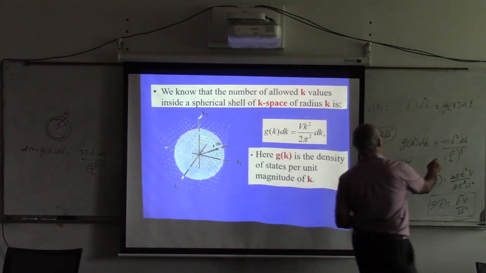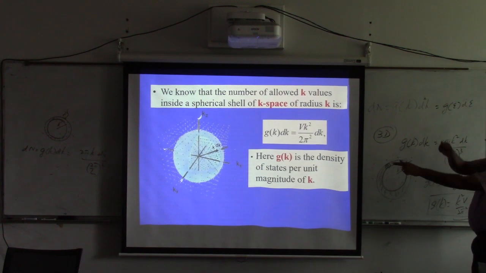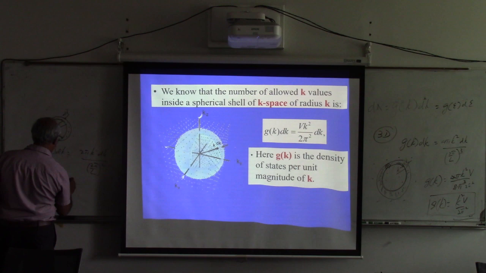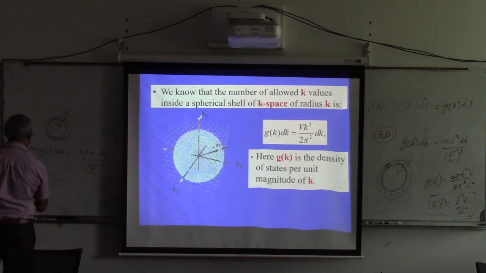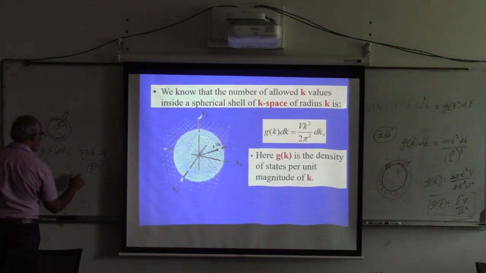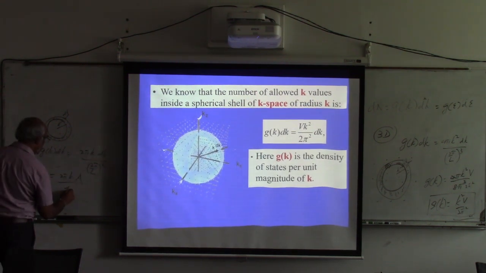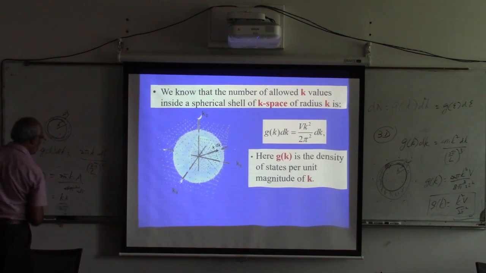So it's exactly like the three-dimensional case. There I had (2 pi over L) cubed and 4 pi k squared dk. Here I have 2 pi k dk. So if you do that, the dk cancels, right? Your G(k) is 2 pi k times L squared, which becomes the area, divided by 4 pi squared, so you get A k over 2 pi.